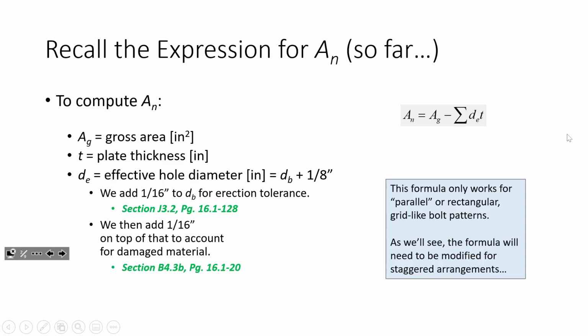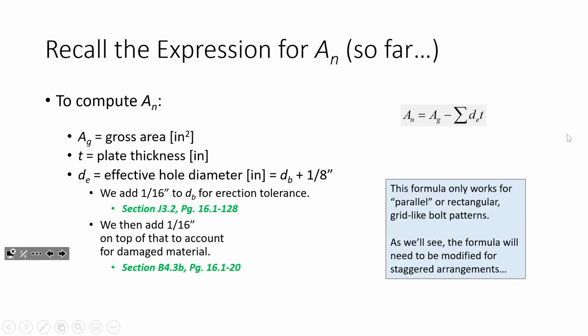In fact, if you can use some intuition, I think the math is a little bit more straightforward. But I propose to you that this formula is not enough, that there's something missing right here. And what's missing there is the effect of staggering the bolt holes.